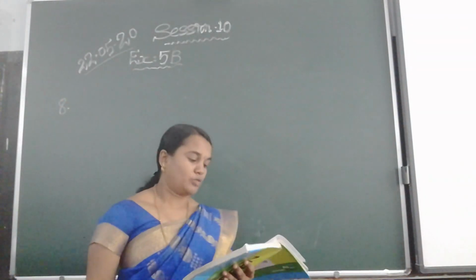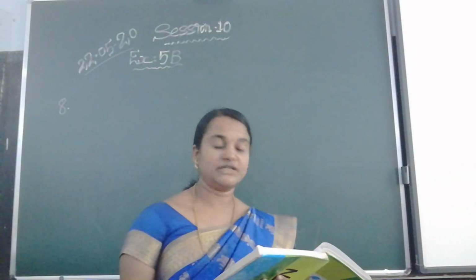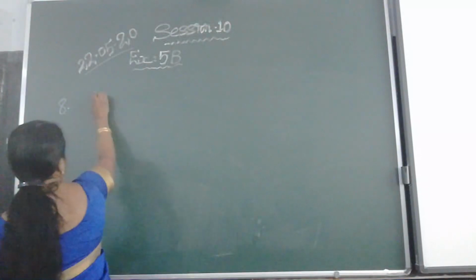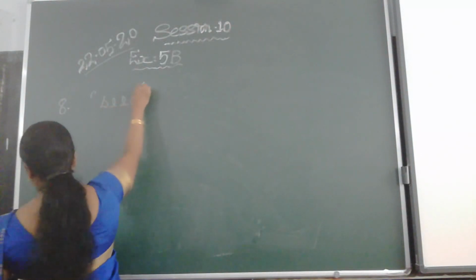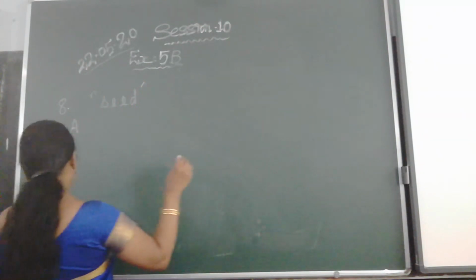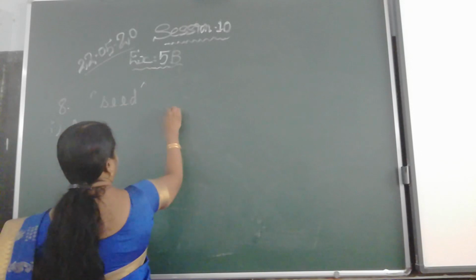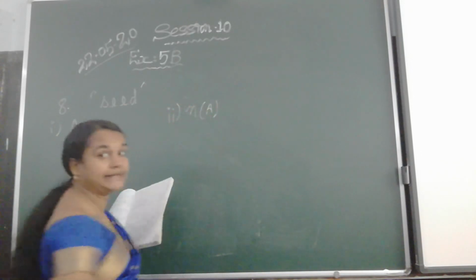Now let A be the set of letters in the word seed. The word they are given is seed. In the first one we have to find out A. In the second one we have to find out n(A), the cardinal number.